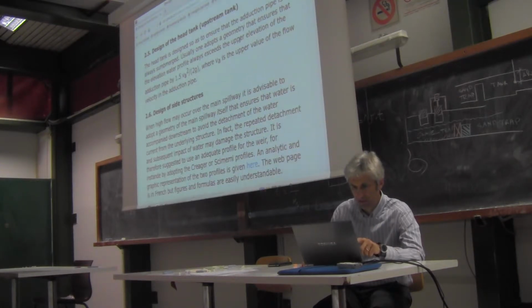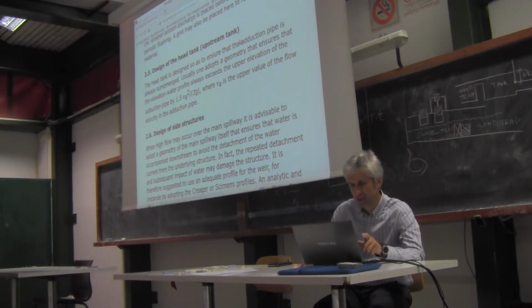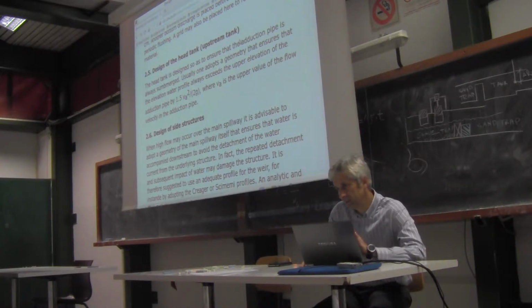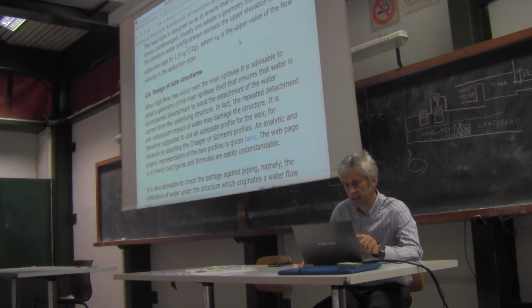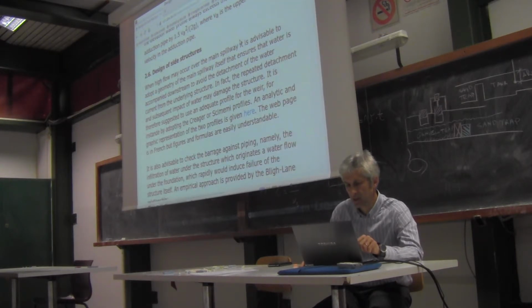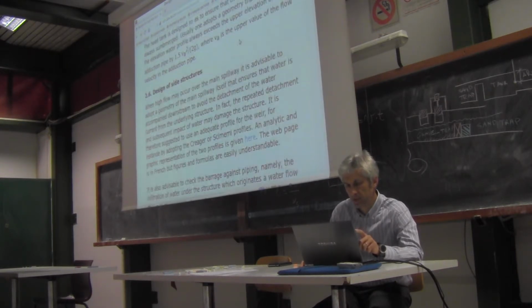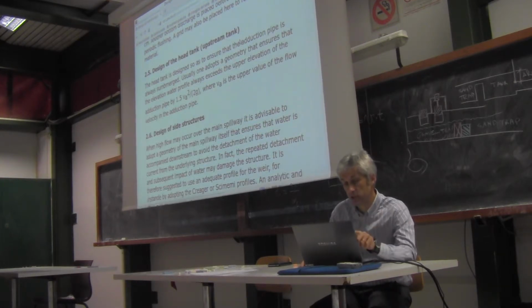And there are a couple of paragraphs related to the design of the head tank. They are very easy to understand, and the design of side structures. Please read by yourself the design of the head tank.